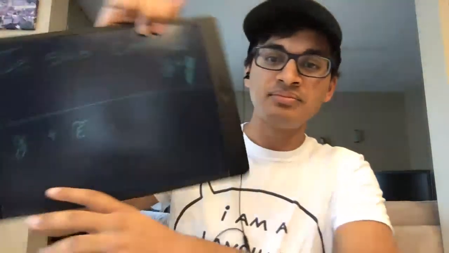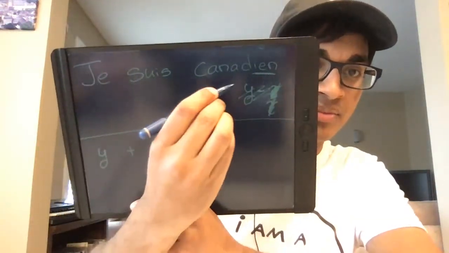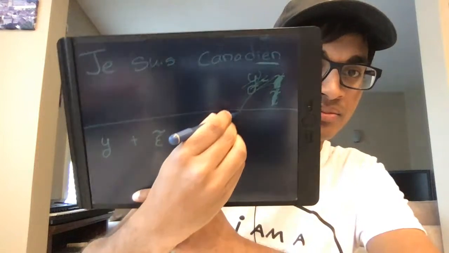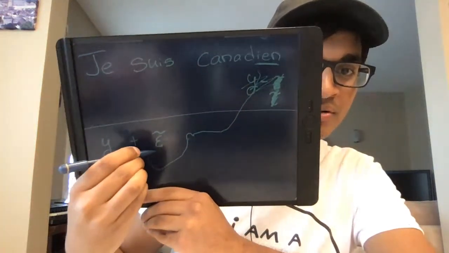Let's do this differently. I'm going to make a little arrow. Very messy arrow, but that's okay. There we go.